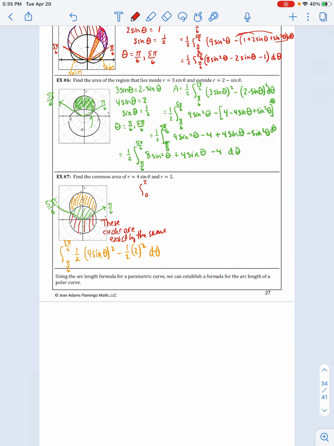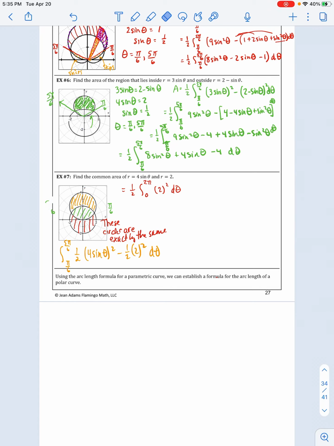Okay, that's important because if we integrate from 0 to 2 pi, 1/2 of 2 squared d theta, so 1/2 r squared d theta, that gives us the red and the green, all of it, okay?